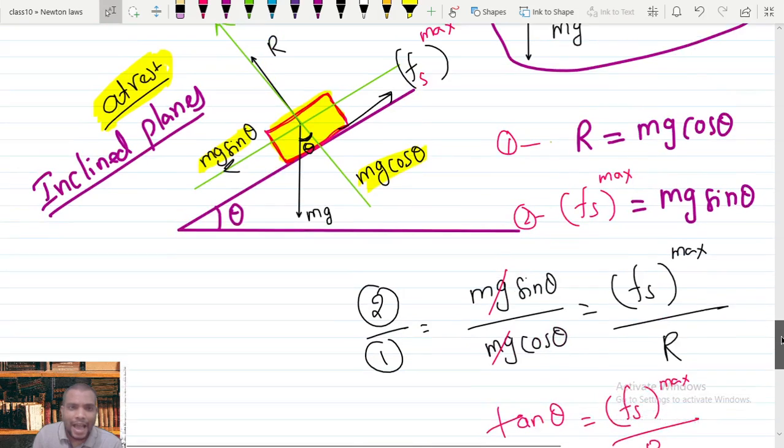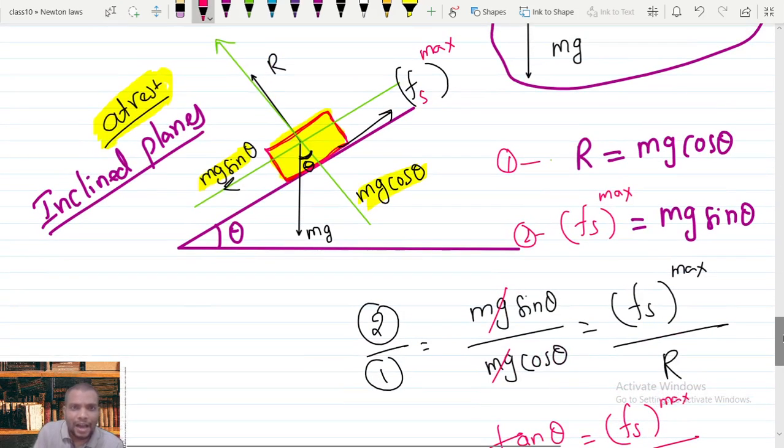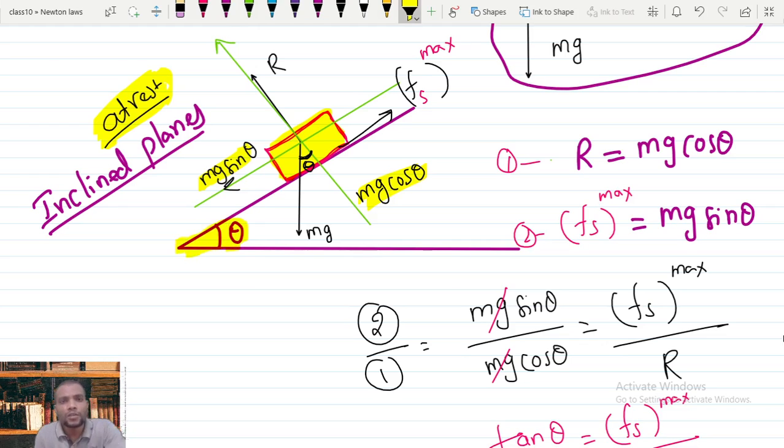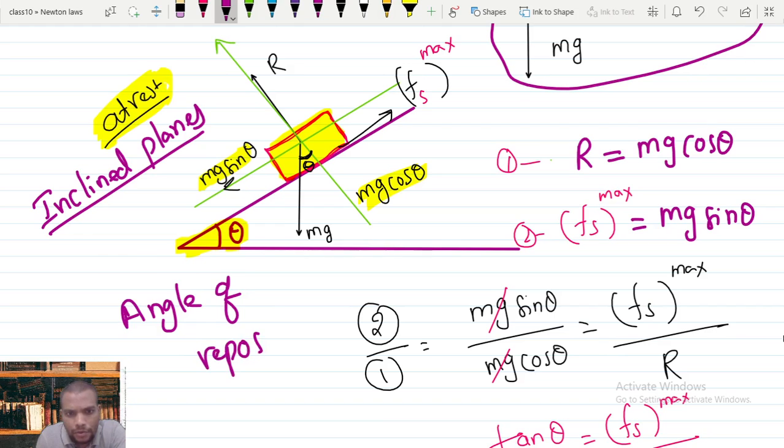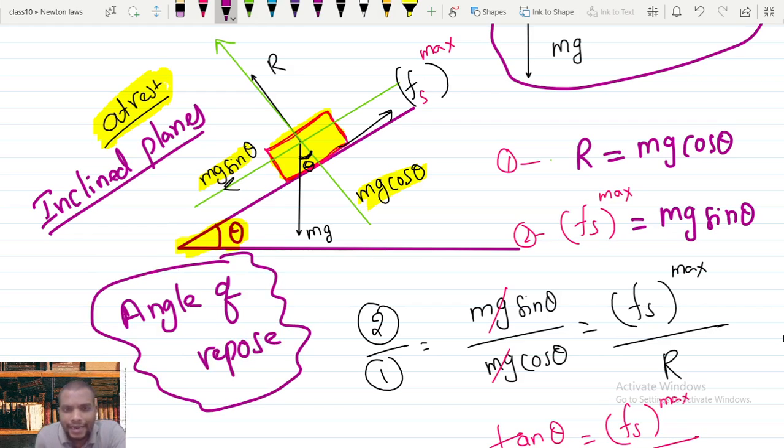Here the angle theta has a special name. This particular angle theta, the angle made by the inclined plane with the horizontal, is known as the angle of repose, REPOSE.